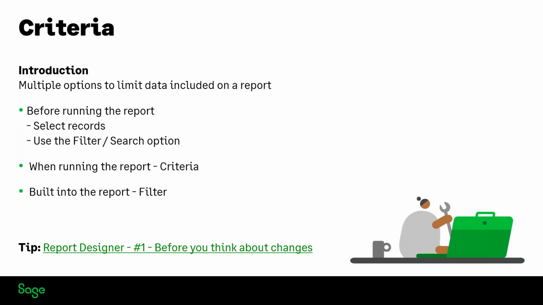Now, criteria would be used when you're running a report where you want to enter that different selection at the time of running the report. Filters, which we're going to be covering in our next session, would be used where you want it built into the report. So where you don't need to enter a different selection criteria each time, but you still want that information filtered.